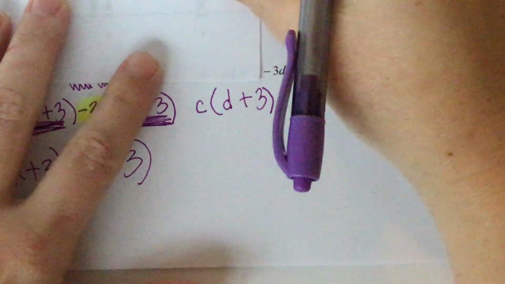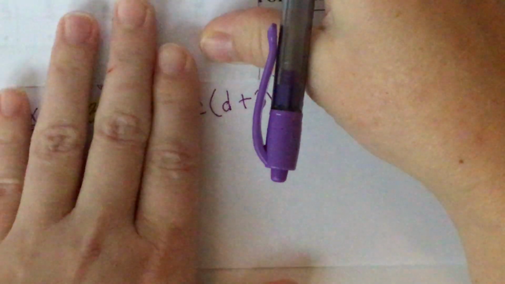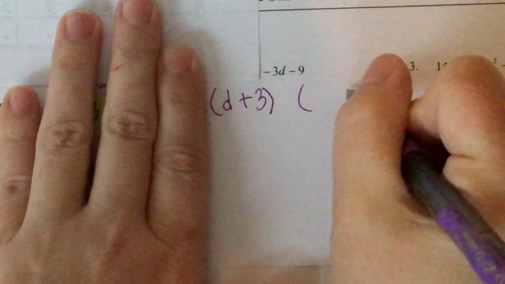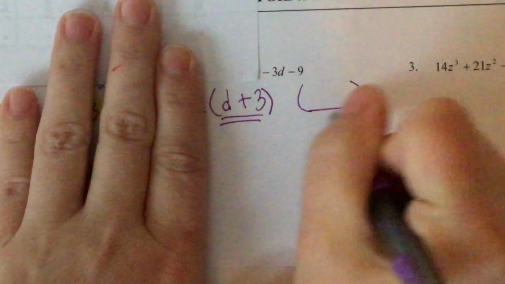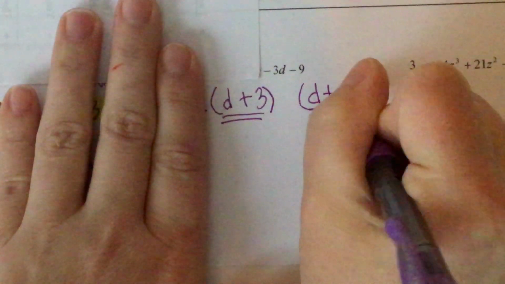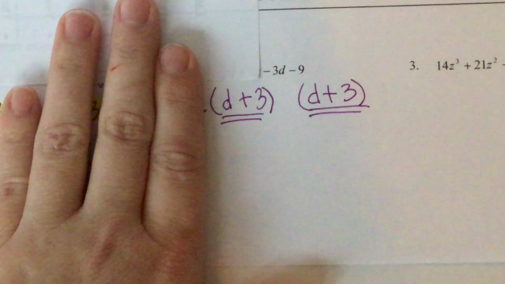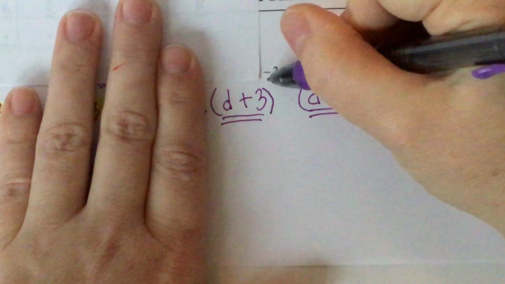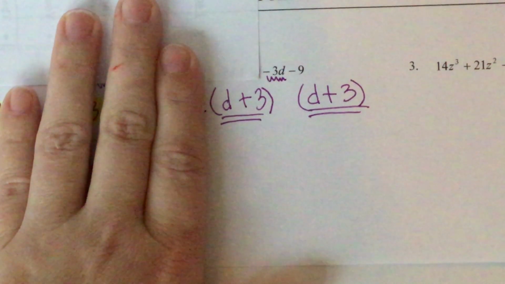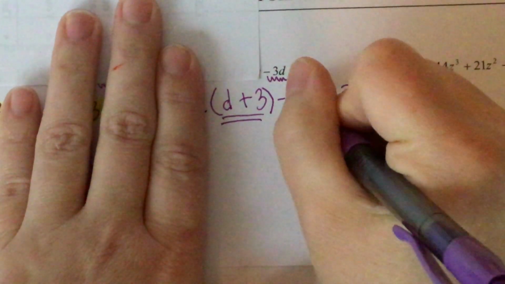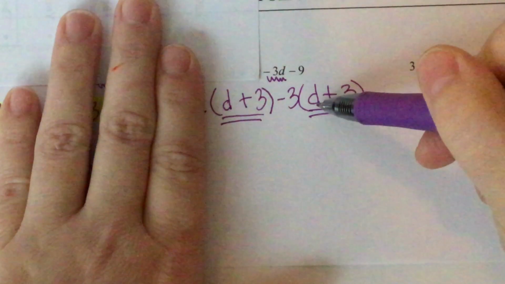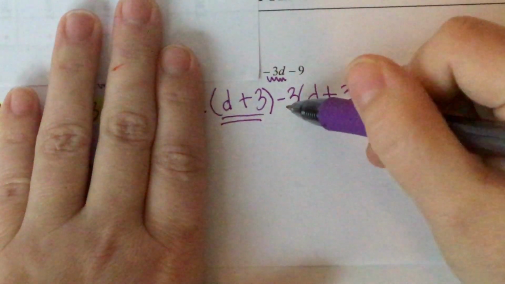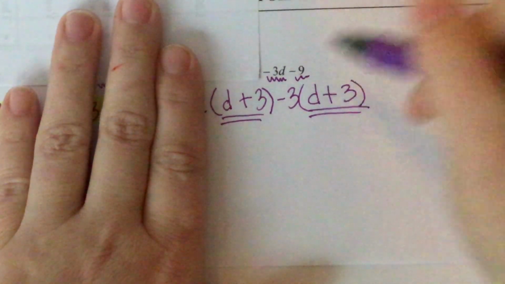Okay, so then I could take the GCF out of the back, but I'm teaching you how to cheat here. Remember, whatever's in this set of parentheses, just copy over here. It can't look different, so never make it look different. And then backtrack. What times D would make a negative 3D? A negative 3. Negative 3 times D would make negative 3D. And negative 3 times 3 makes negative 9.